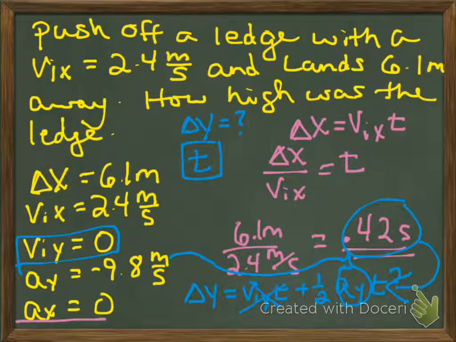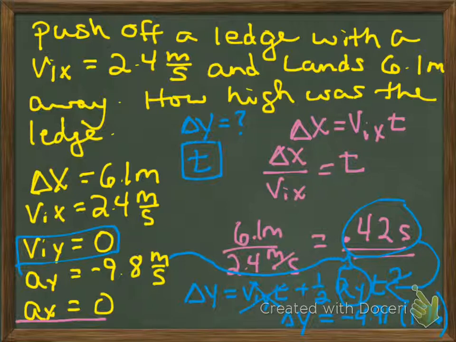So this is going to be delta Y is equal to negative 4.91, I have this memorized now, times 0.42 squared, which is 1.76.